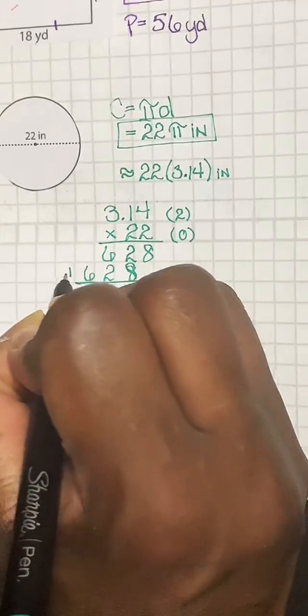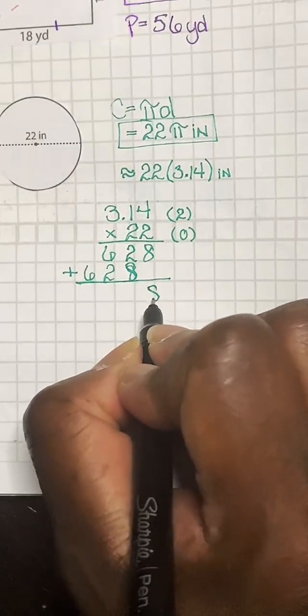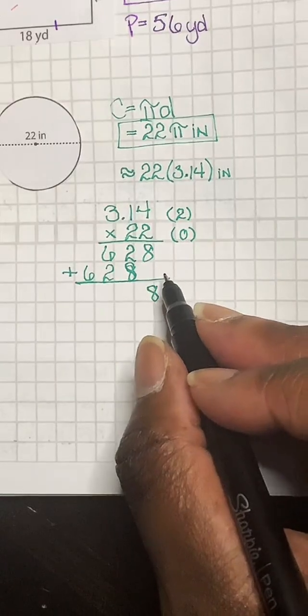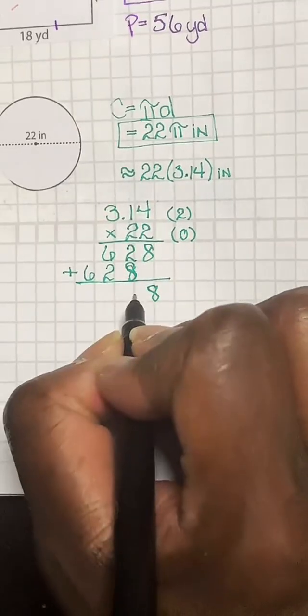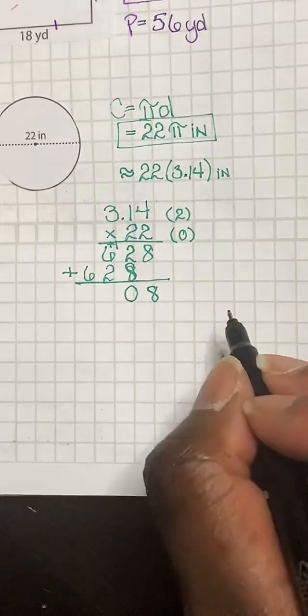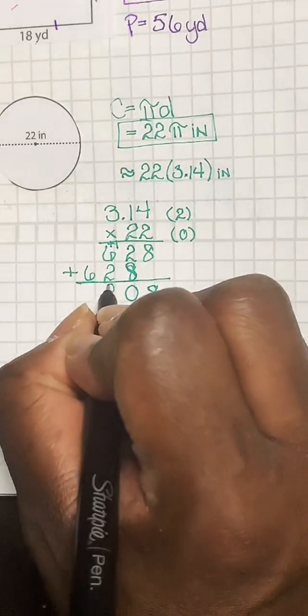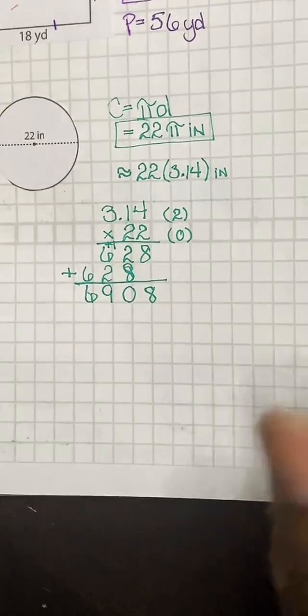And then we're adding them together. Bring down the 8. Some people like to put a 0 here. Have fun with that. That's fine, because 0 is just a placeholder. 2 plus 8 gives me 10, so I have my 0. Carry the 1. 6 plus 2 gives me 8, plus 1 gives me 9. And then I just bring down the 6.